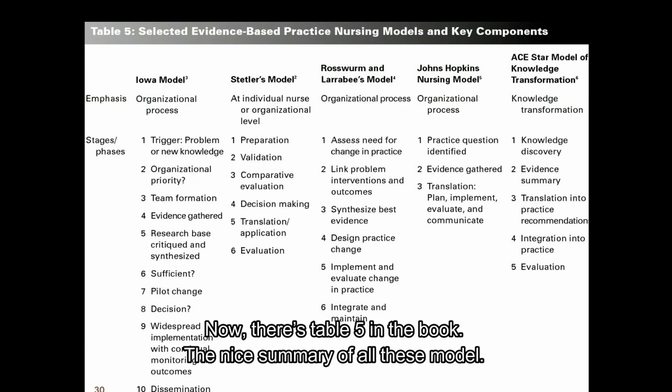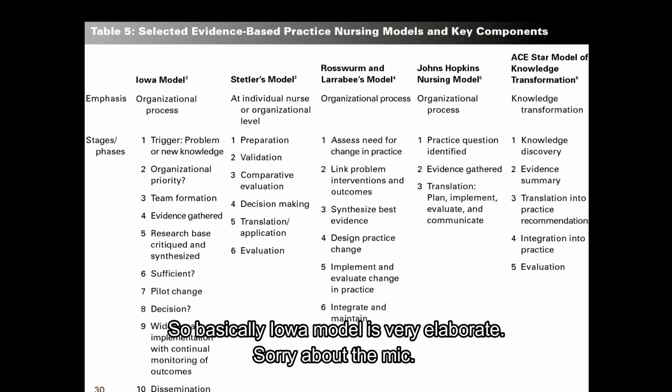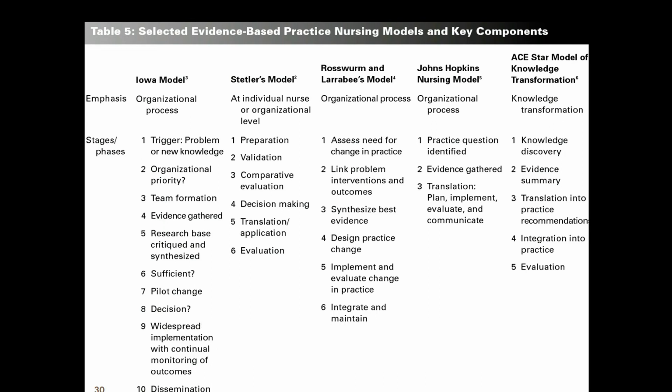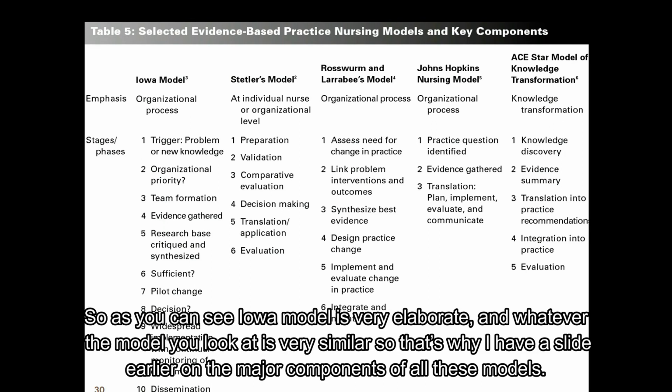Now, there's table 5 in the book, a nice summary of all these models, okay? So basically, the IOWA model is very elaborate. Sorry about the mic, okay? So as you can see, the IOWA model is very elaborate.